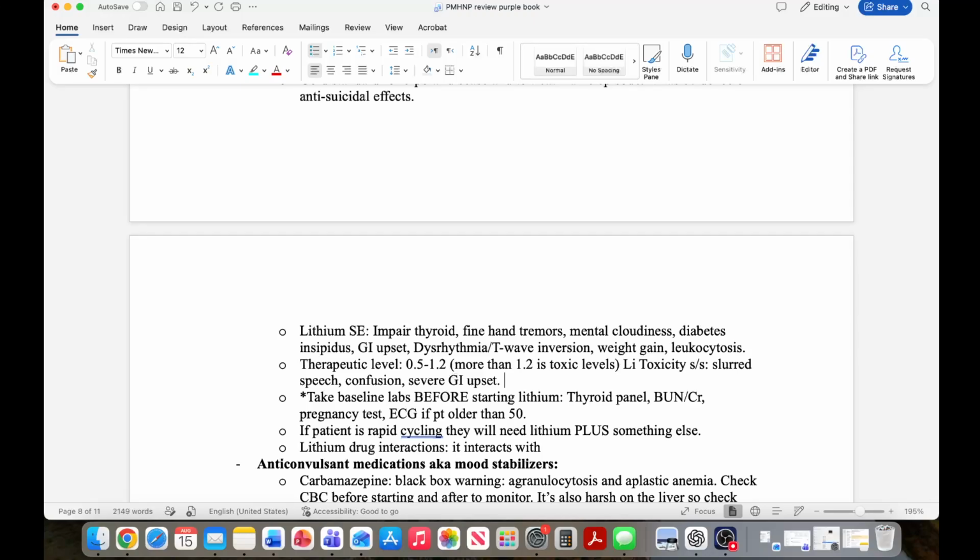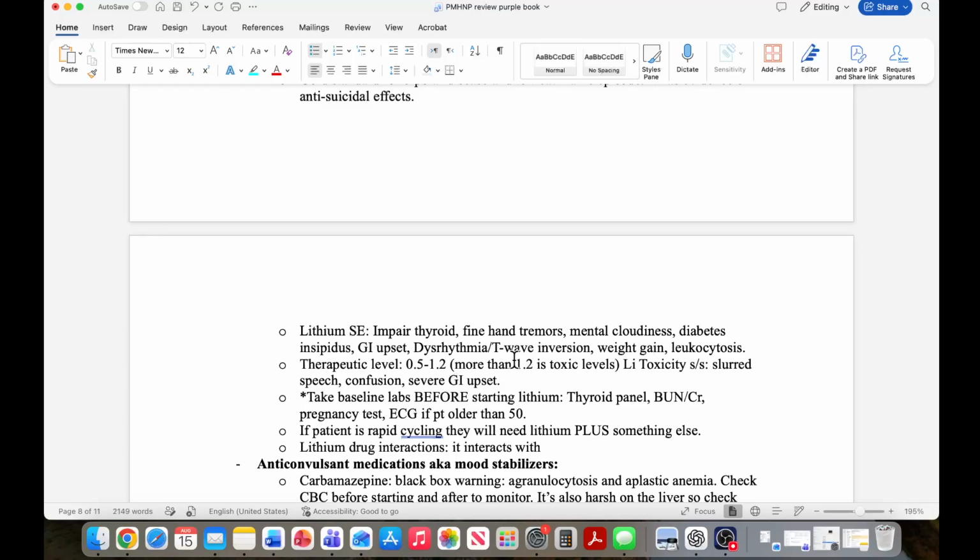Now here it's saying risk for hypothyroidism. By the way, there it is. All it says is impaired thyroid functioning, but on the next page it says risk for hypothyroidism.